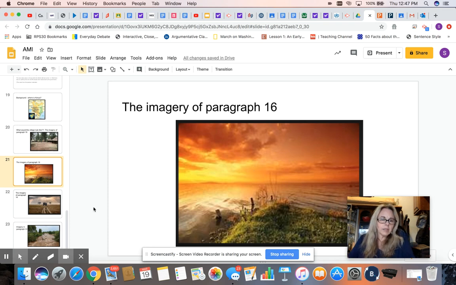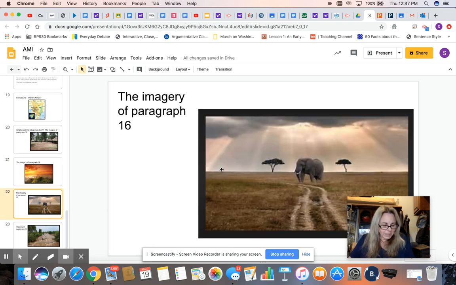And then when he mentions the finger-like streaks of light that thinned outward and mingled with the gray mist shrouding the distant hills, I don't have any distant hills here, but there are those finger-like streaks that he's talking about. So this is the picture that should be in our head when we read those words, and that's what he wants.